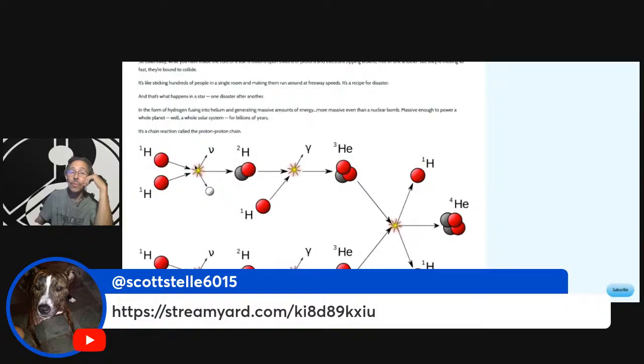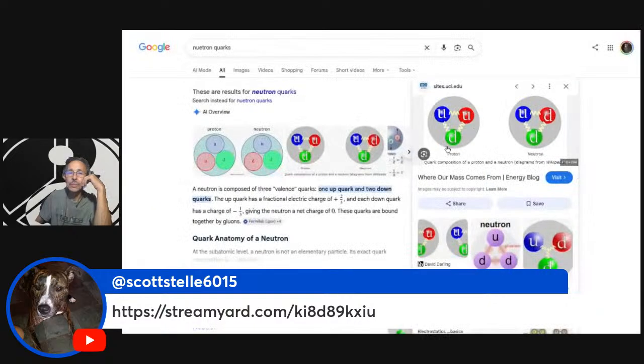And so when that happens, in one of the protons, a bond is broken and turned into a neutron with an up quark, a down quark, and a down quark.